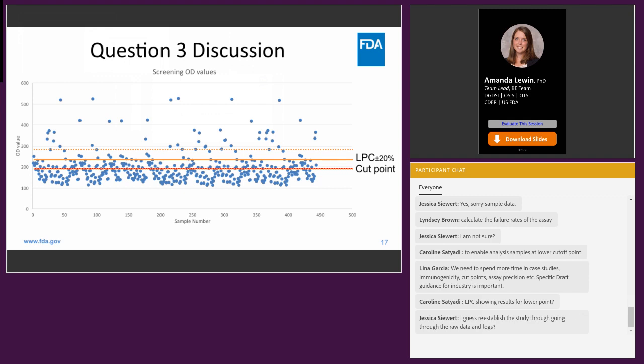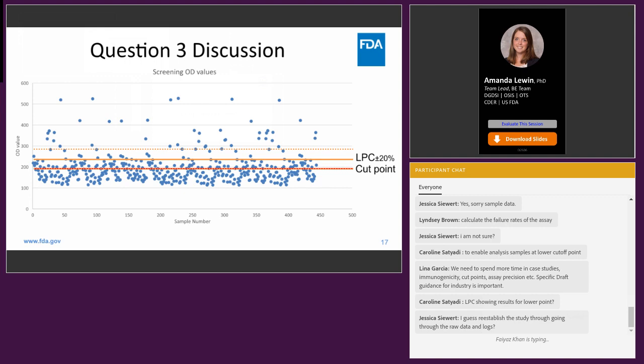I hope you'll all forgive me on that point. The orange solid line is your average LPC response. And the orange dotted lines are your 20% on either side, looking at the allowable variation in these assays. And then the average cut point would be that red line down at the bottom.